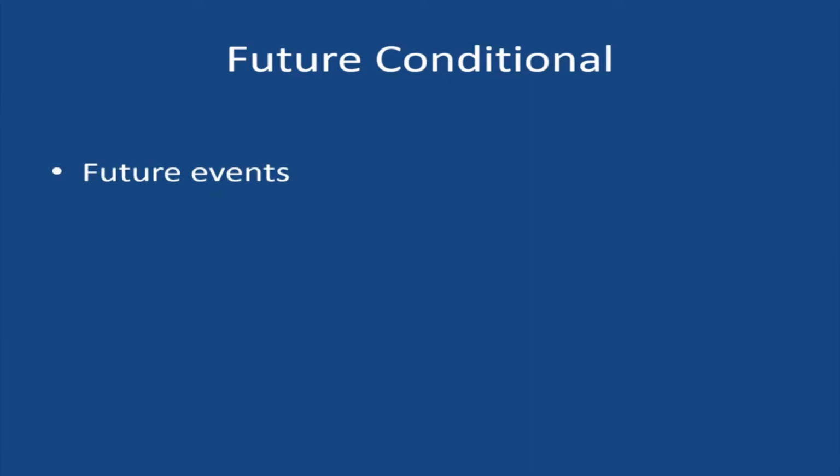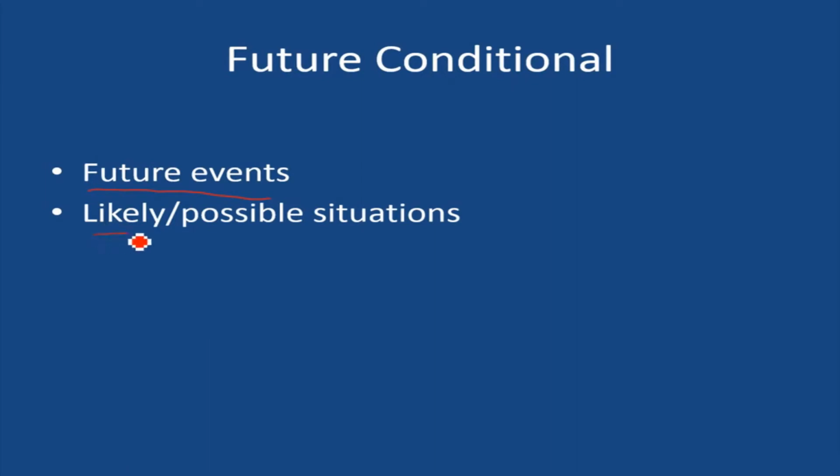So, we use the future conditional, of course, for future events, but these are for things that are likely or possible to happen. If it's something that's very unlikely or an impossible situation, then we use a different form of conditional, which you can find in the playlist that accompanies this video.